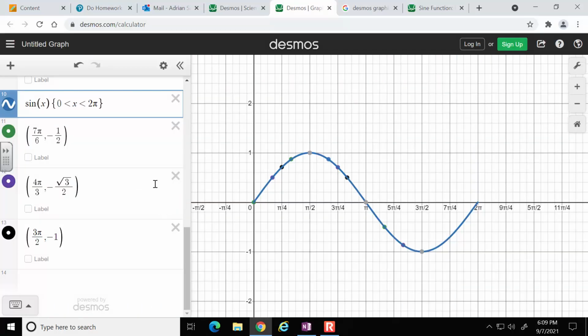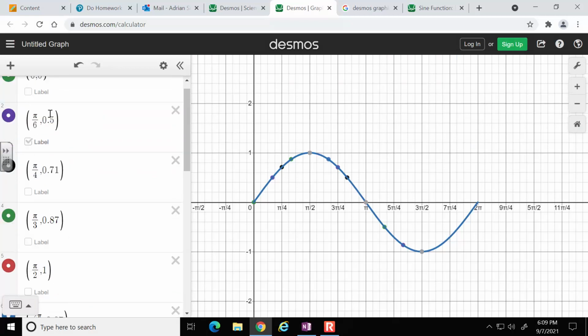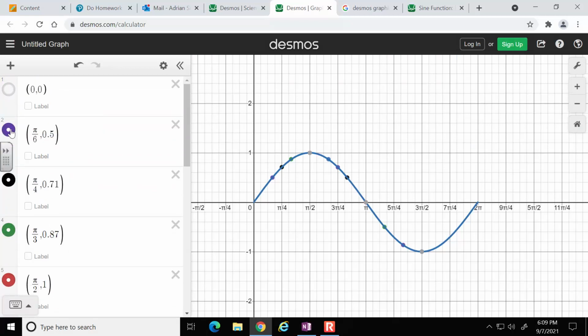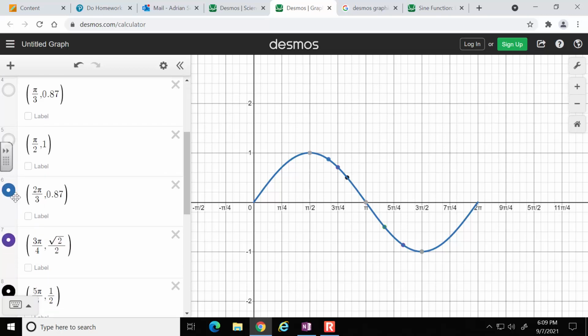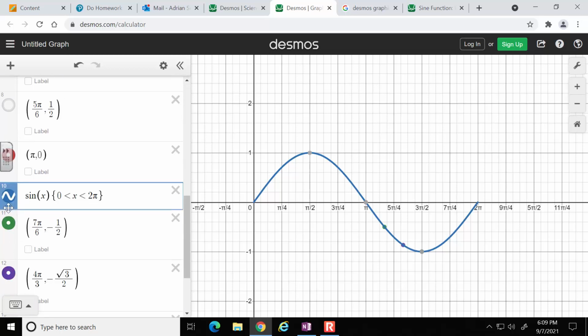So let's go in and plot some of these points. First thing I'm going to do is make some of these invisible so we don't get confused between sine and cosine, at least to start with. All right, so there's our points.